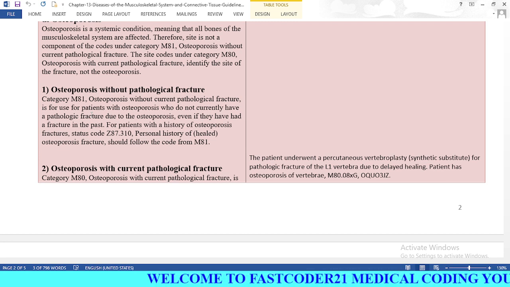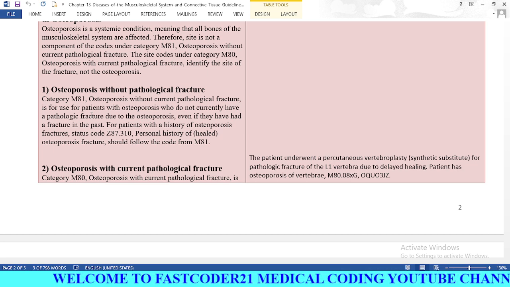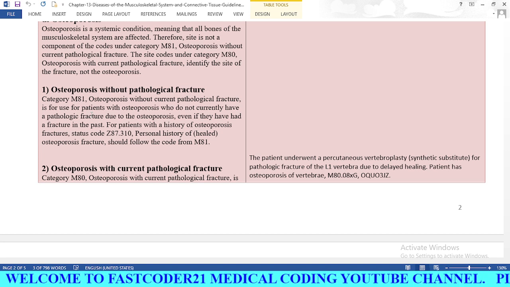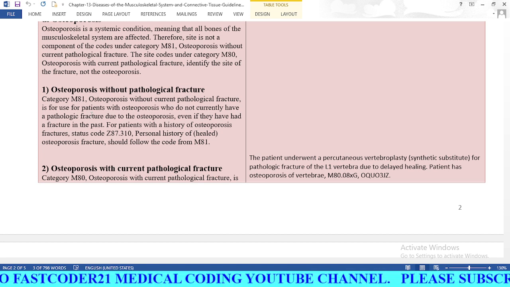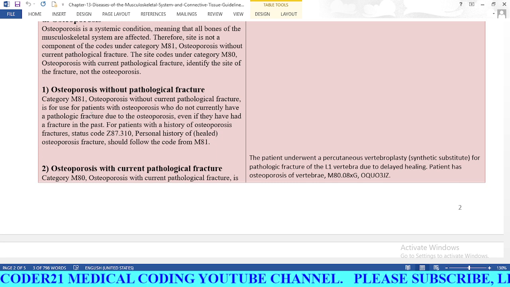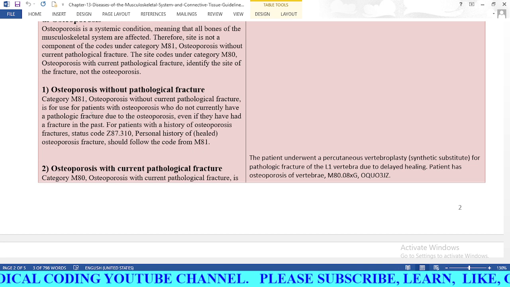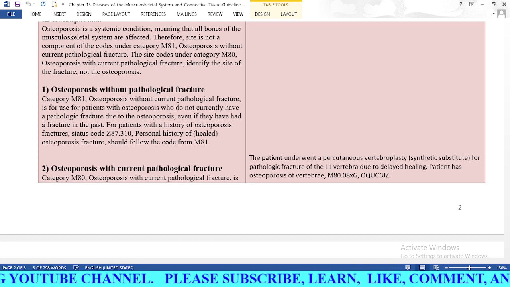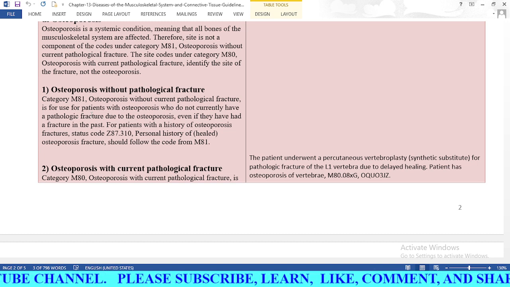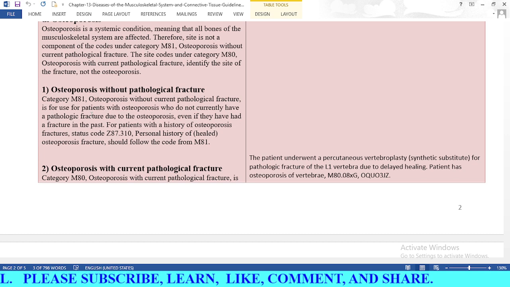So whenever there is no fracture associated with osteoporosis, we need to code the M81 series code. Even though the patient had a previous fracture, we need to code it as M81 series code. So for patients with a history of osteoporosis fracture, or healed osteoporosis fracture, we need to code Z87.310.